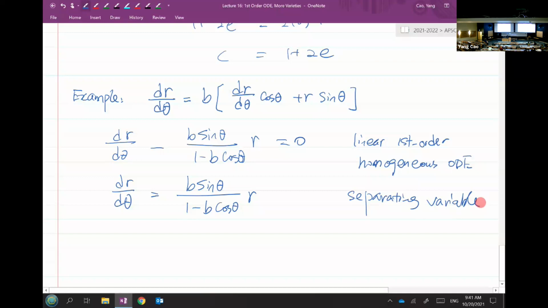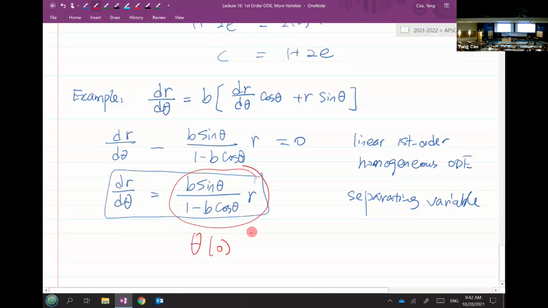However, my intention is actually to give you an example. As long as you can write the original equation in this format, and you observe the right side, the right side is also a function of theta times a function of r, right?